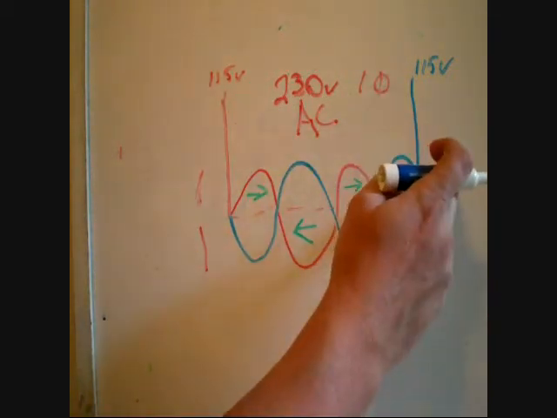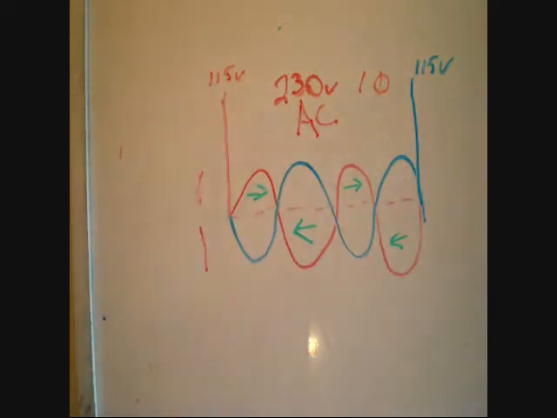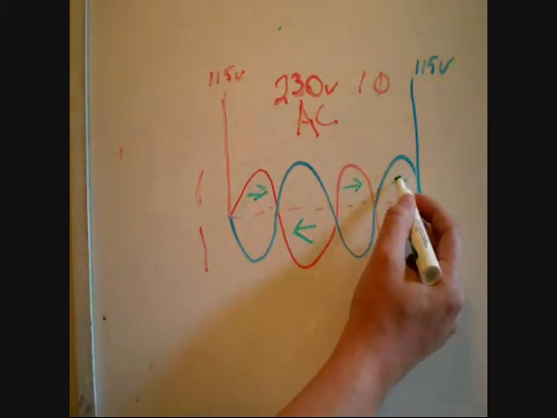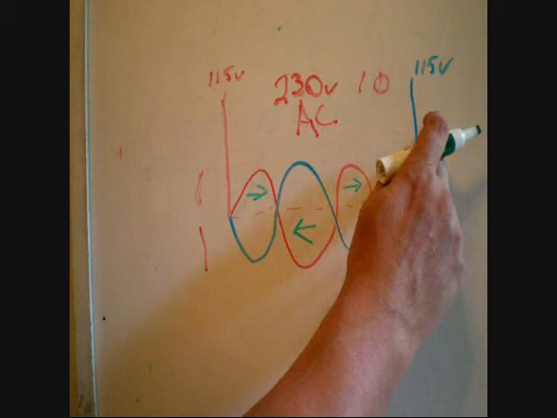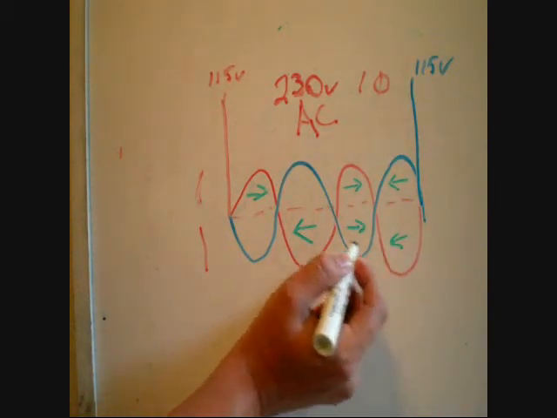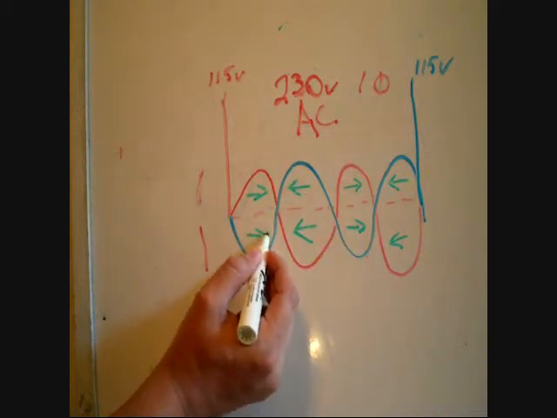But you've got to remember where the source is at. So on the high side, and we use green for this again, the electrons are going away from the source. On the low side, they're going back towards the source.